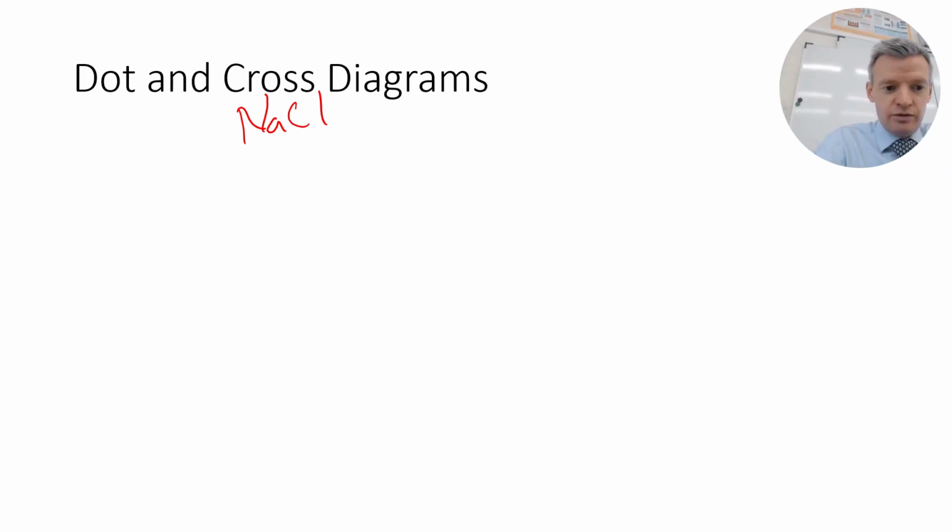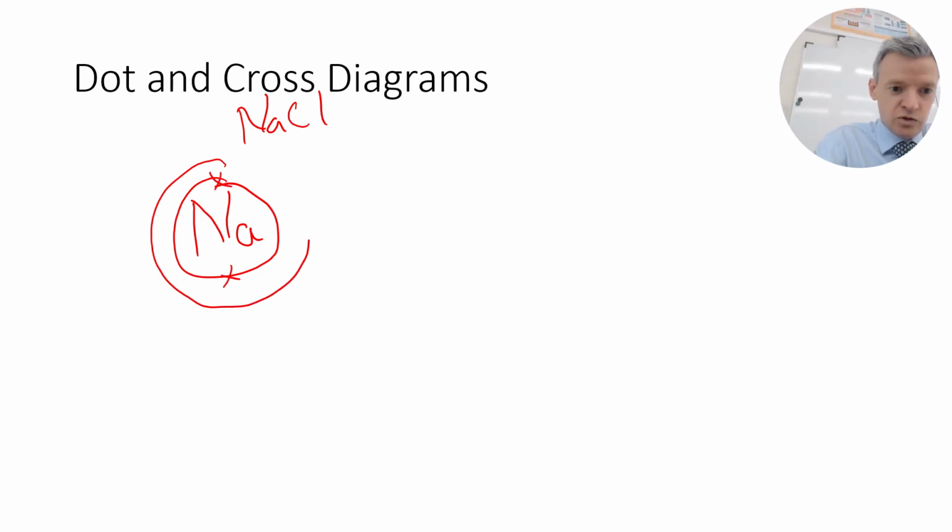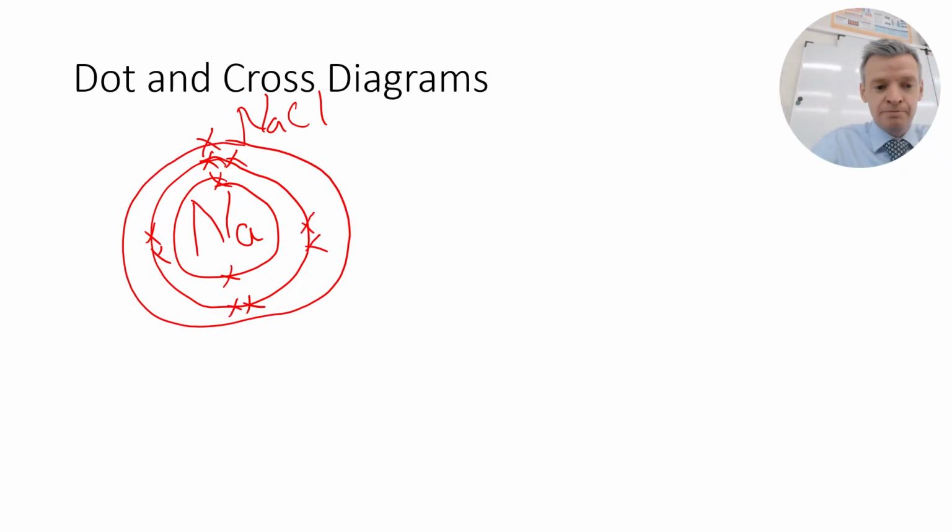So if we go back, sodium has 11 electrons, so that's 2 in the first shell, 8 in the second shell, 1 in the outer shell. I'm going to draw the atom first. That's 2, 8, and 1. Hence why it's in group 1.